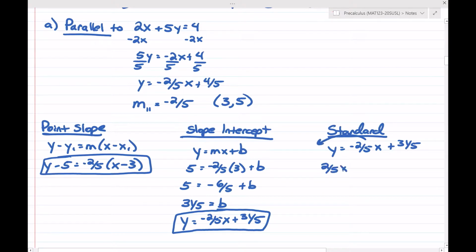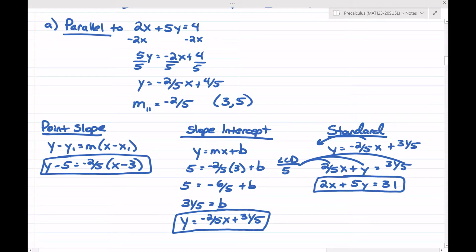We have 2/5 x plus y is equal to 31/5. Our least common denominator is 5, so we can multiply each term by that. We get 2x plus 5y is equal to 31. And that gives us our standard form of an equation that's parallel to 2x plus 5y equals 4 through the point (3, 5).